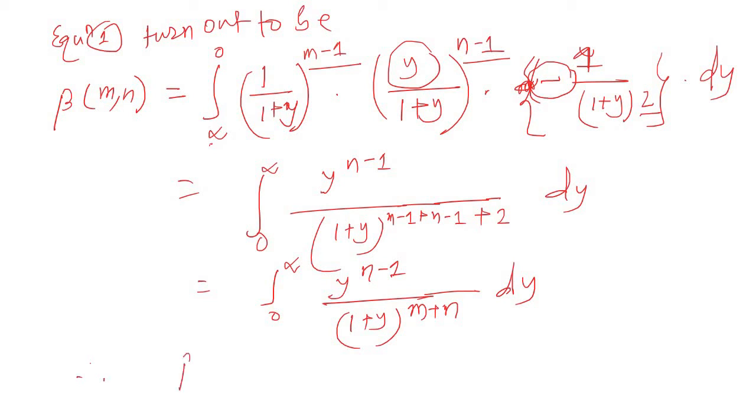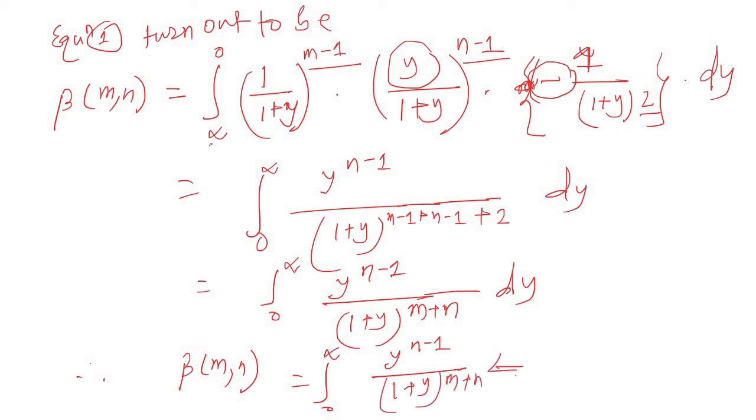Therefore beta(m, n) equals the integral from 0 to infinity of y to the power n minus 1 over (1 plus y) to the power m plus n dy. This is our required equation.